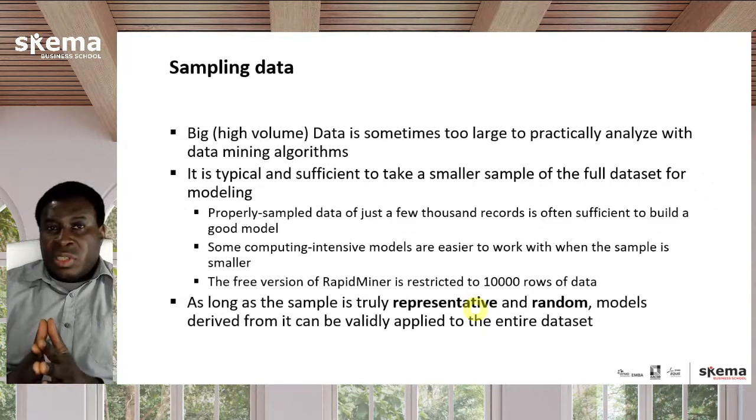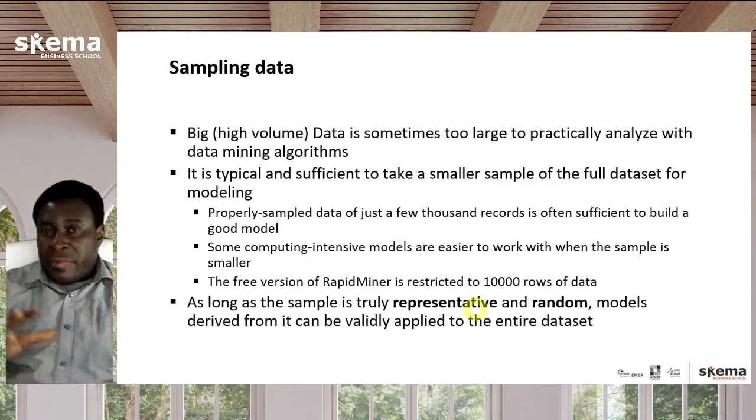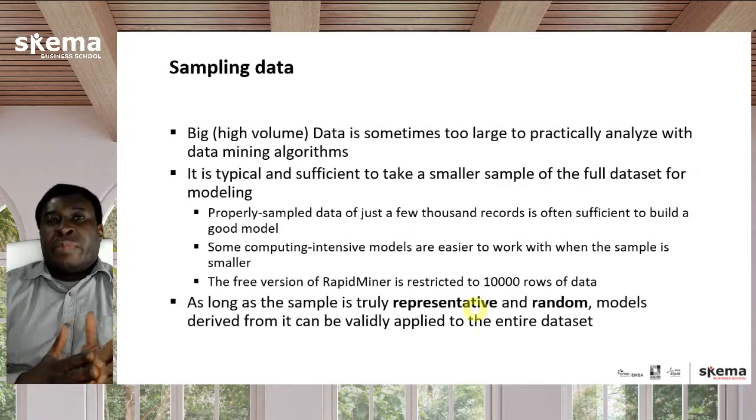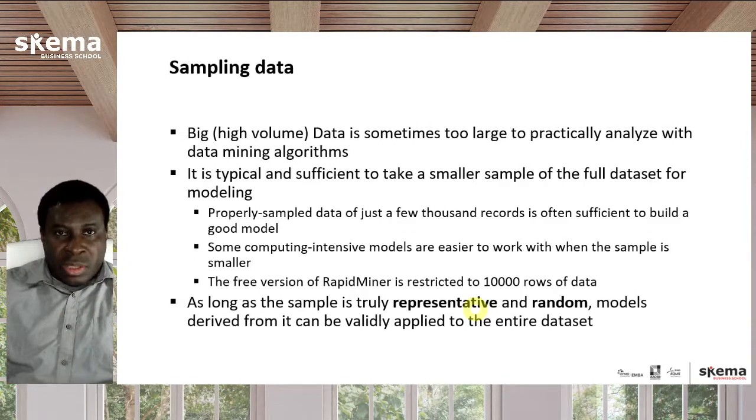So, for instance, you have the same proportion of male and female. Maybe you have customers of different income categories. Each income category is represented in your sample in the same proportions. If you have people that live in different regions, each region that matters is represented in the same proportions. So that's what representative means. And so it needs some work to make sure that that occurs in your sample.